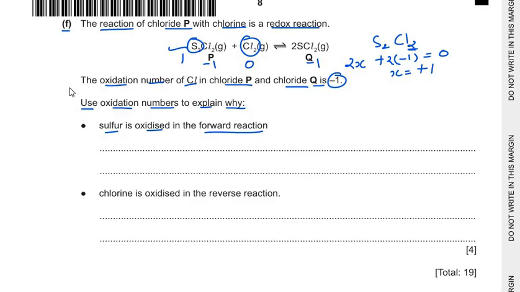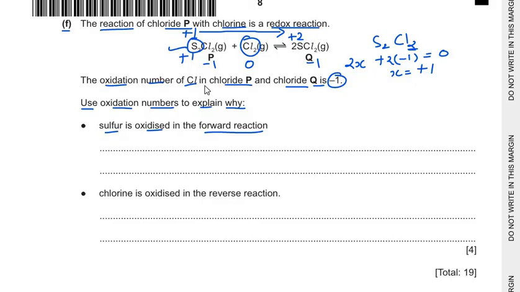So here sulfur is in the +1 oxidation state, and if you find out in a similar way here, you have sulfur with oxidation number +2. So you can say that the oxidation number has increased, and so sulfur is oxidized.